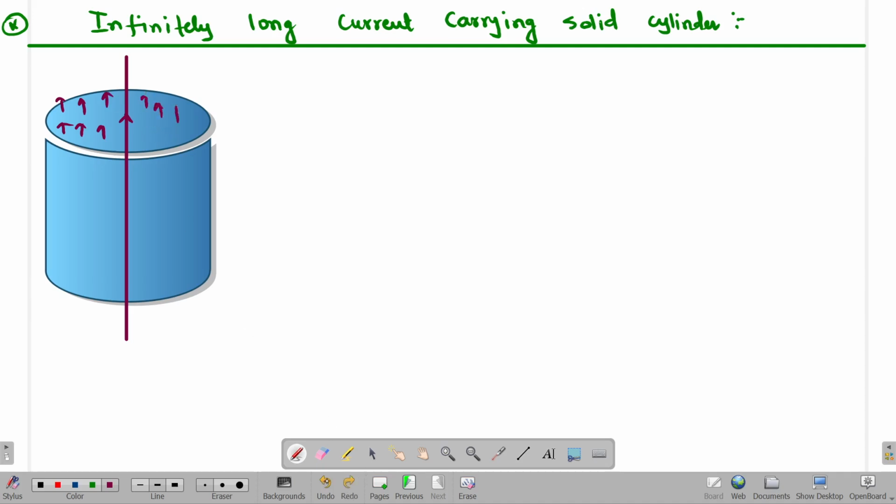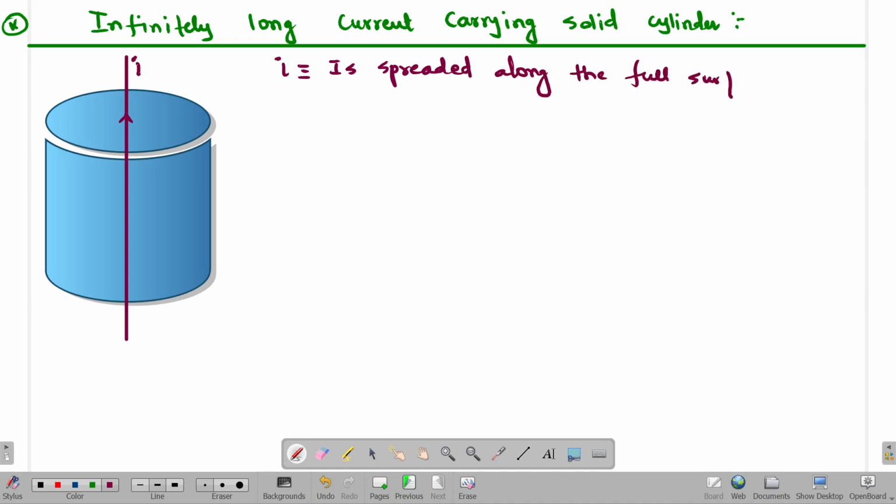I'm not considering that in detail; I'm considering that current is present everywhere, and I'm writing it directly as I. So I is spread along the full cross-section of the cylinder. Are you able to get me?